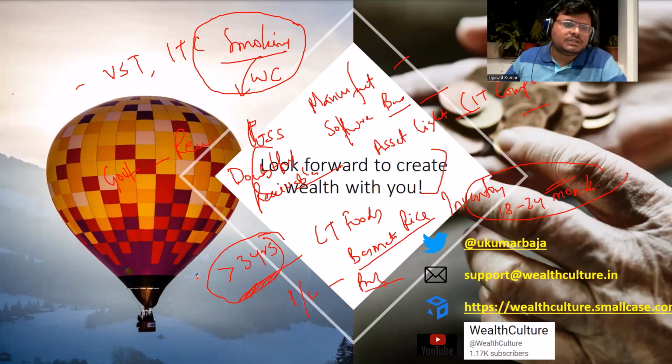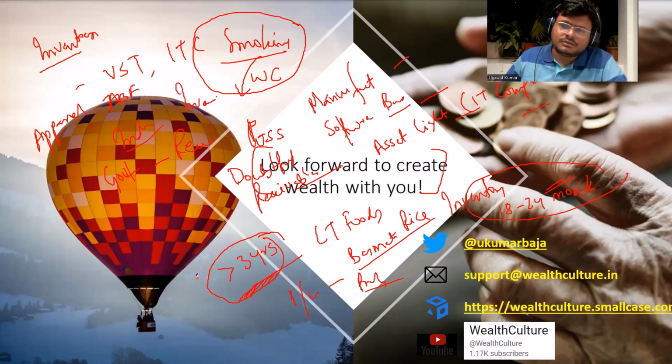Try and avoid companies which are generally very high on inventory. When you are investing, for example, in companies related to apparel, something like Aditya Birla Fashion, Indian Terrain, just try and understand the inventory situation of these companies, right?